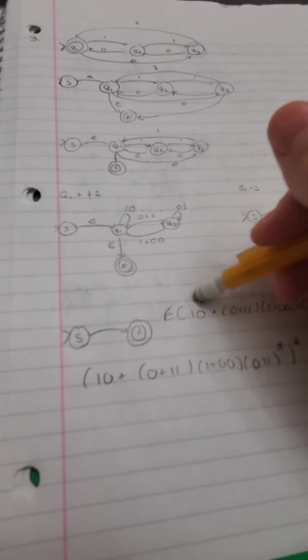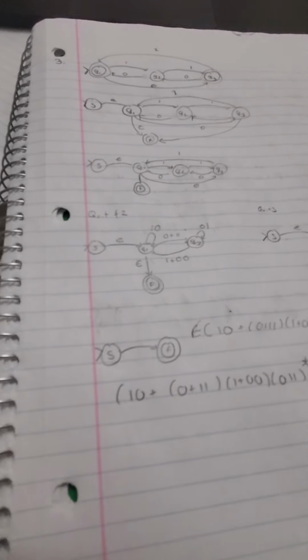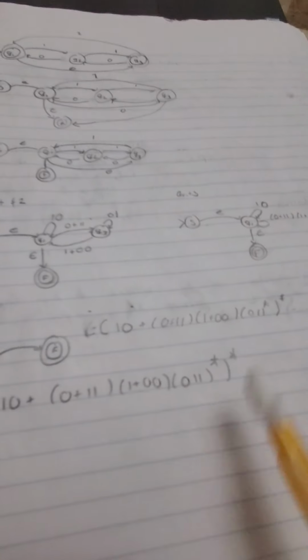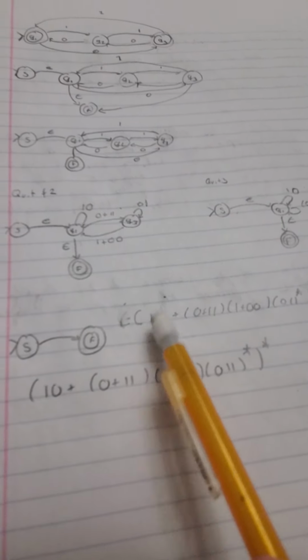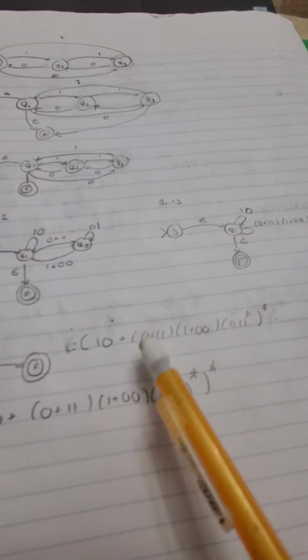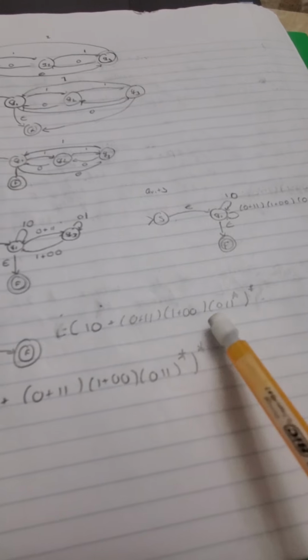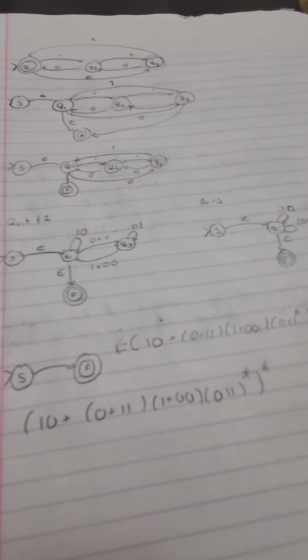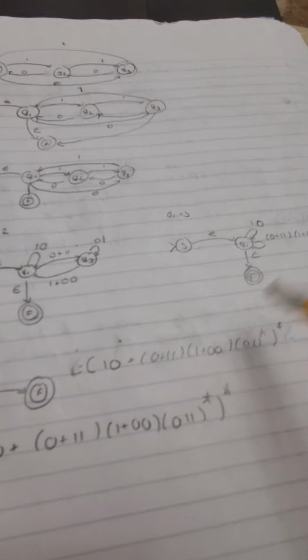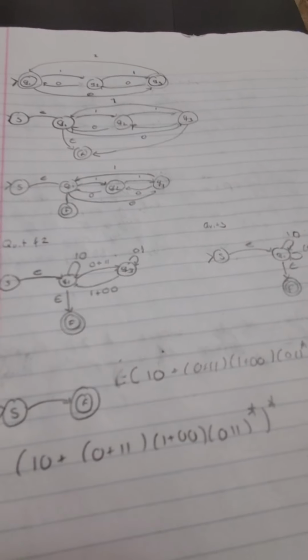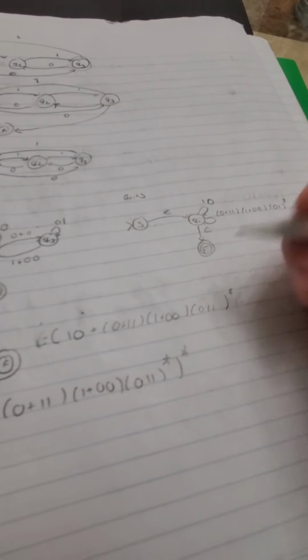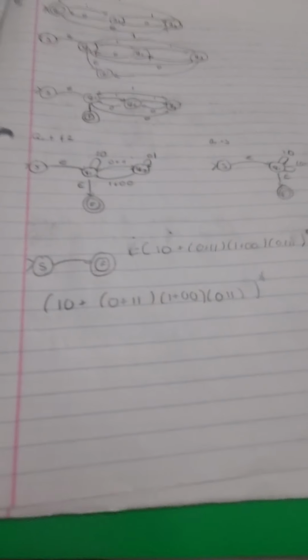We should get the expression 1 0, which is from Q1, and the rest from Q3 to Q3, which was 0 1 1 1 0 0 0 1 1 star, because we're having a star at the end. And also we should erase the 0 1 star, and that should be fine.